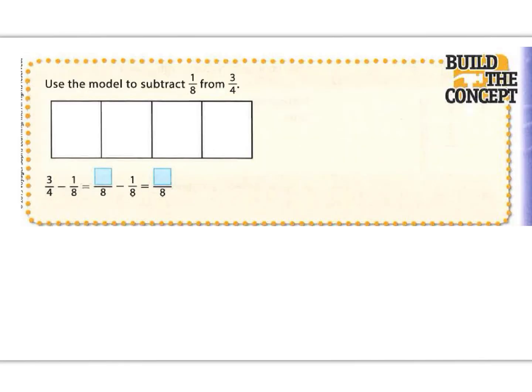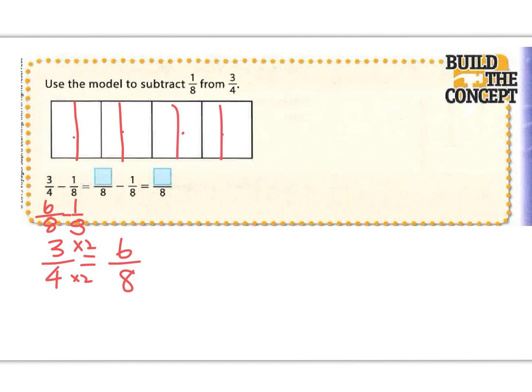This says, use the model to subtract 1/8 from 3/4. Here we have 4 sections, but we want to make those sections into 8s because we know that 4 goes into 8. So we would do 4 times 2 is 8, 3 times 2 is 6. Now we have 6/8 minus 1/8. Let's make these 8s. We have 1, 2, 3, 4, 5, 6, 7, 8 sections.